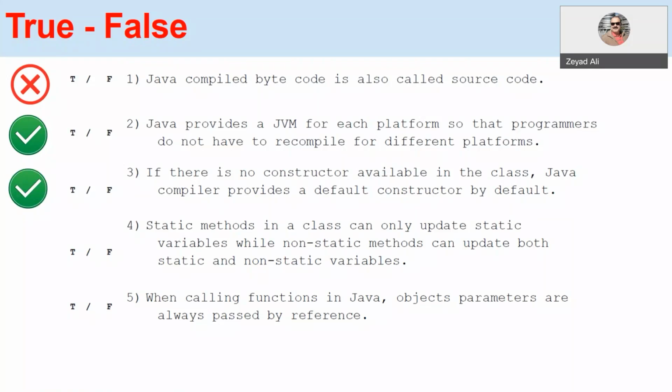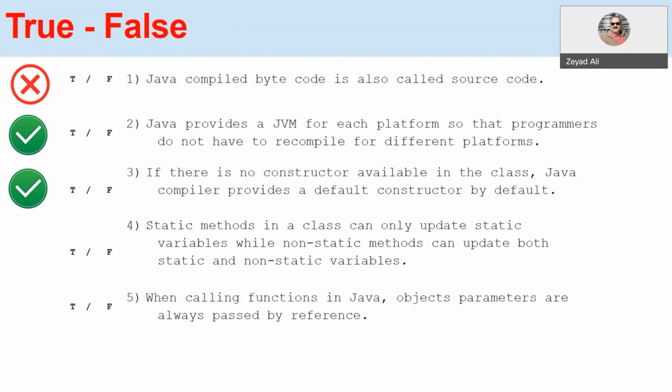Static methods in a class can only update static variables, while non-static methods can update both static and non-static variables. The first part is true. Static methods can only update static variables. Static methods cannot update non-static object variables. Update means change, make any change.